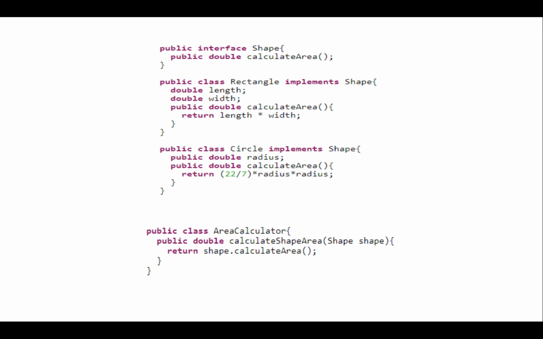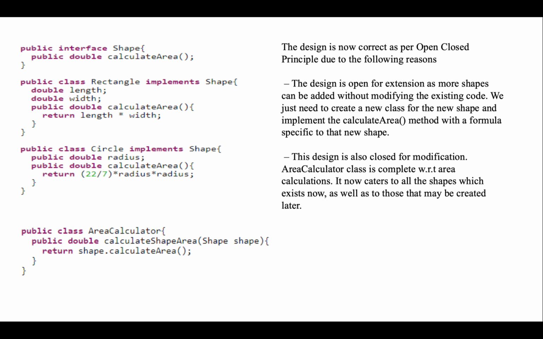Now it's taking a base class as argument and not the child classes, and it will just return an area. So this design is now correct as per the open and close principle. First, this design is open for extension as more shapes can be added without modifying any of the existing code. We just need to create a new class which will implement the shape interface and override the calculate area method. We don't have to modify anything.